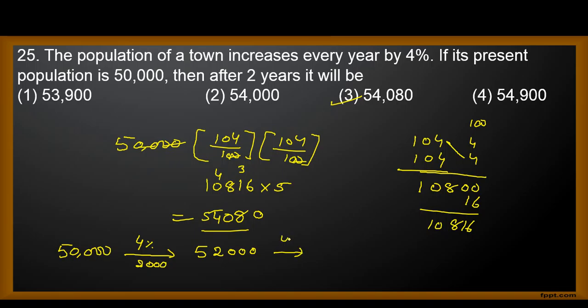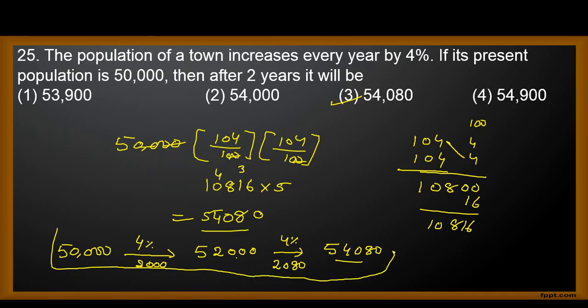On this, 4% you calculate. 1% is 520. Then 2% is 1040 and 4% is equivalent to 2080. If you add this, you will get 54080. You can go by this method or you can go by the formula method.